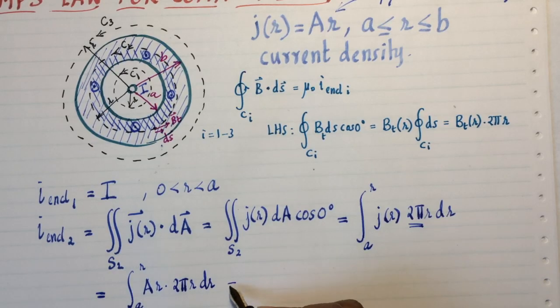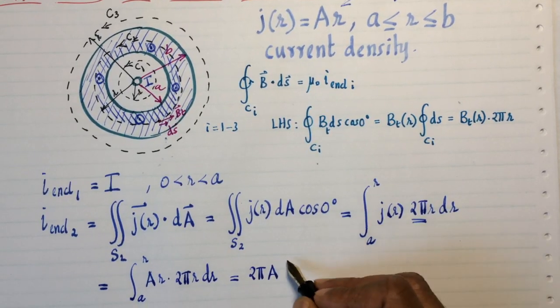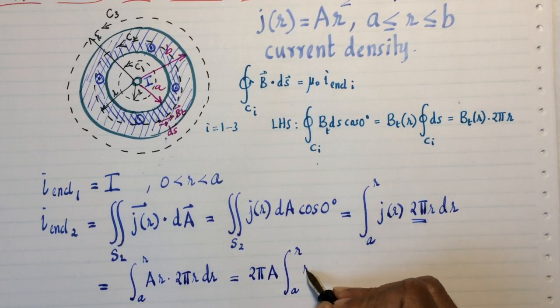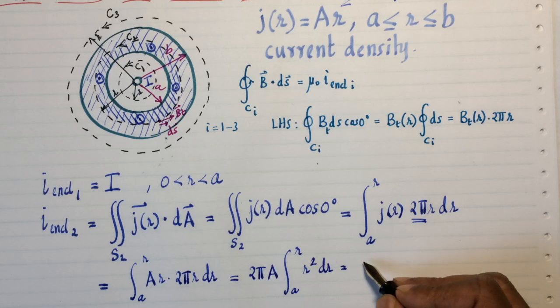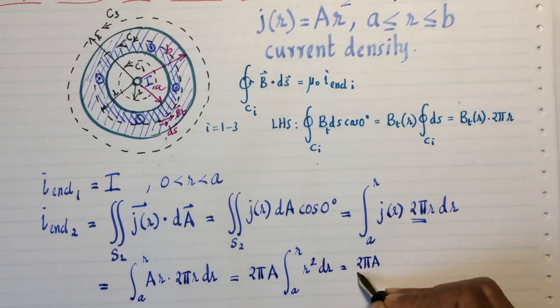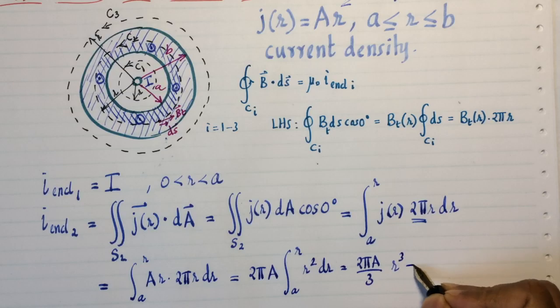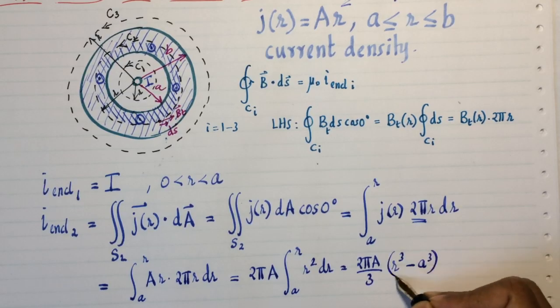So let me calculate that. 2 pi and A are all constants. That's the integral of r squared dr. Well, that's r cubed over 3. So this is 2 pi A over 3 times r cubed minus A cubed. Done.